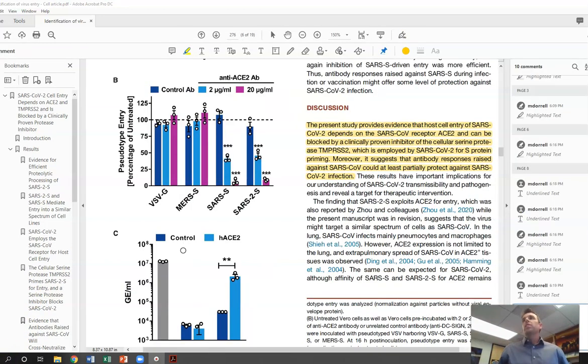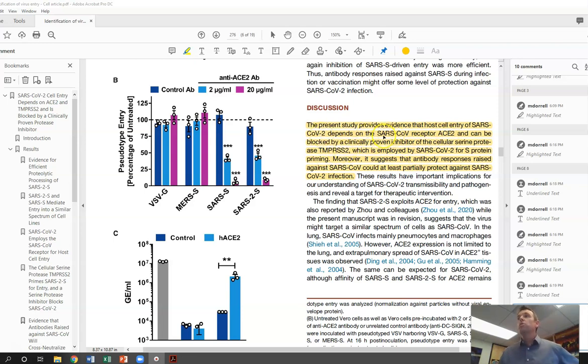All right, so let's talk about the discussion a little bit together. So right off the bat, you pretty much get their main conclusions in the first 2 sentences. "The present study provides evidence that host cell entry of SARS-CoV-2 depends on the SARS-CoV receptor ACE2 and can be blocked by a clinically proven inhibitor of the cellular serine protease TMPRSS2."